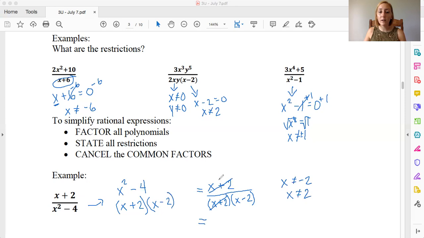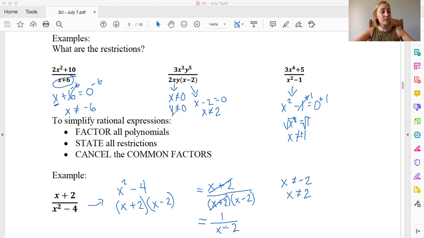When you cancel out anything or the whole thing at the top, that gives you a 1. There's an invisible 1 that's always there. And then this is gone, so we're left with x minus 2. Okay? So our steps: factor, tell me the restrictions, and cancel.